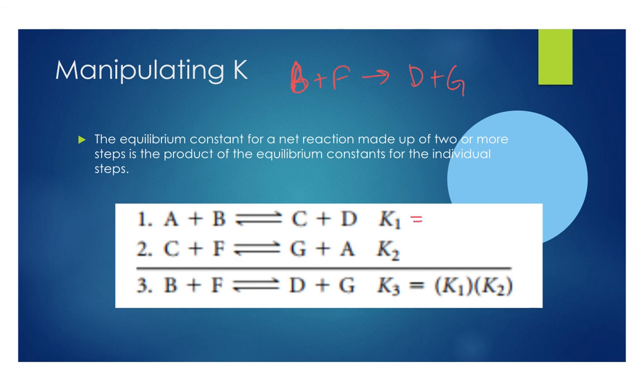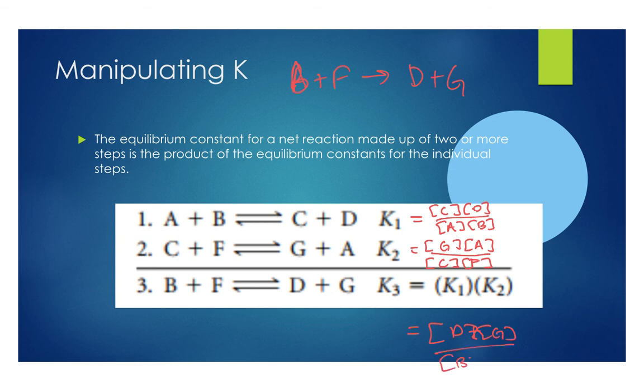This one here, K1, would equal the concentration of C times D over the concentration of A times B. K2 would equal the concentration of G times A all over the concentration of C times F. Now you'll notice that if I take those 2 equilibrium expressions and multiply them together, I essentially get our overall reaction in the end, D times G over B times F. So let's say we didn't know these concentrations and they just asked us for the equilibrium expression here.